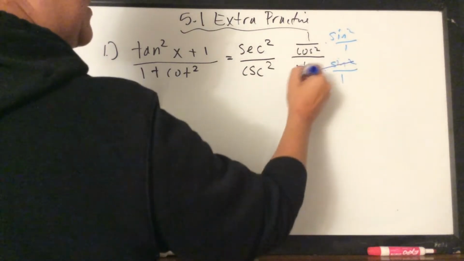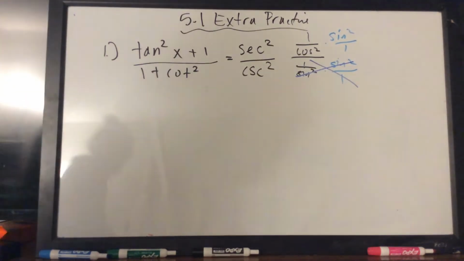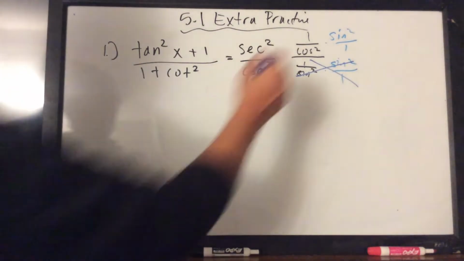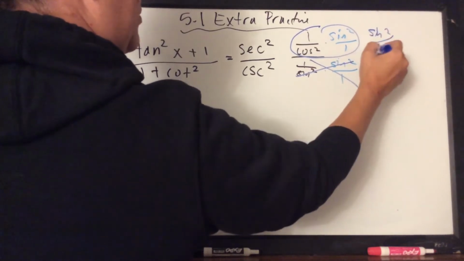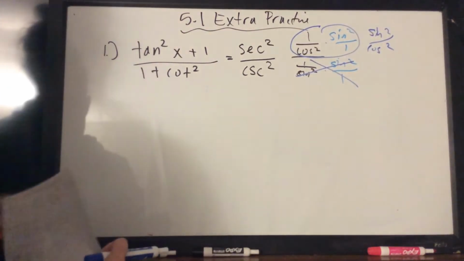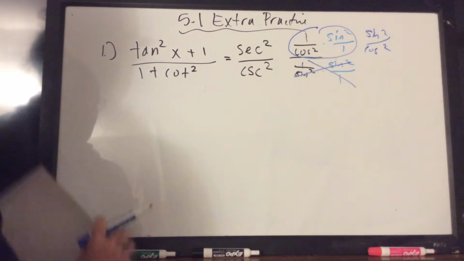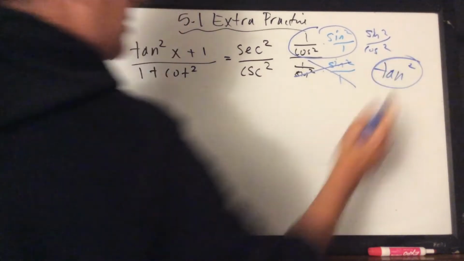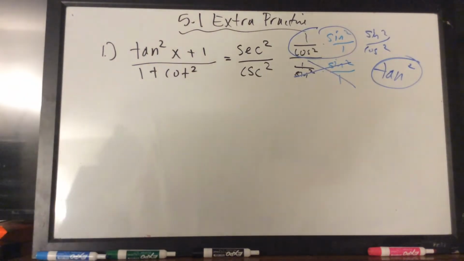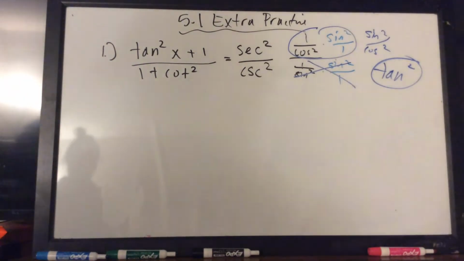So the bottom is gone, okay? And then we're left with this, which is sine squared over cosine squared. And that is going to be tangent squared. So number 1 should be tangent squared.